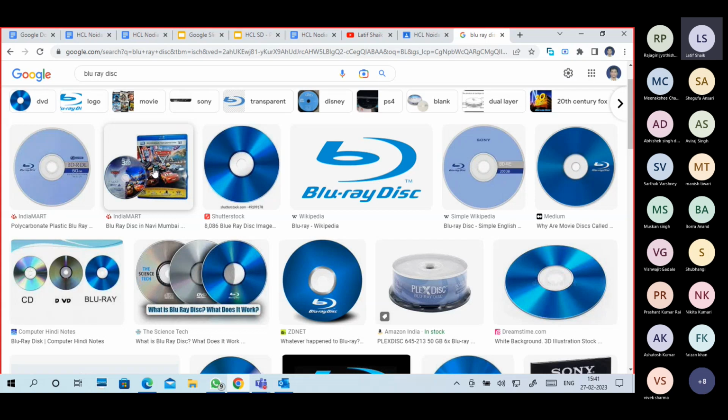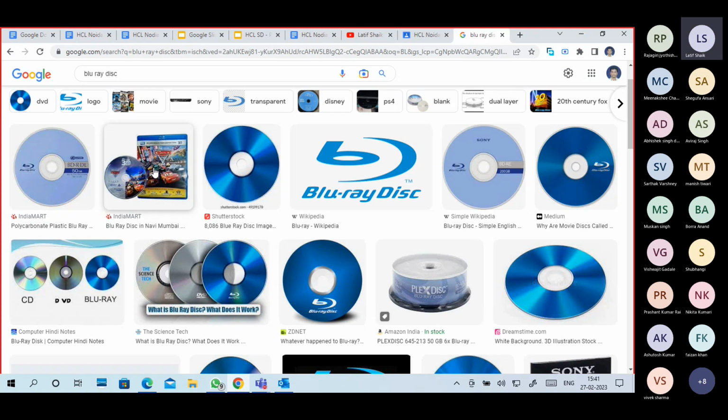I connected the external hard disk to his system and he copied it. So of course we don't require Blu-ray, because not only cloud storage, we can use pen drives to transfer data from one place to another. To store data, I have a 2 TB hard disk, a one terabyte hard disk. I don't use Blu-rays.